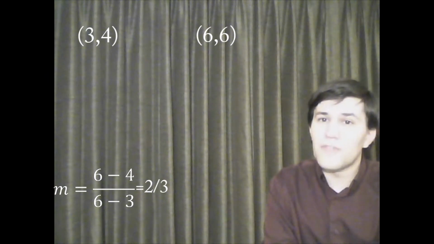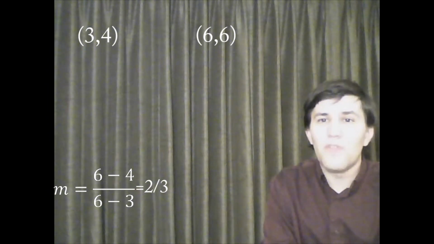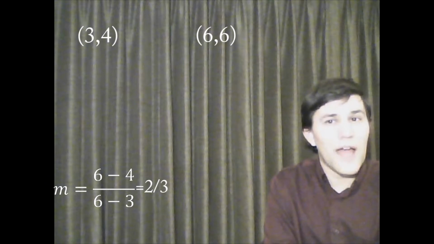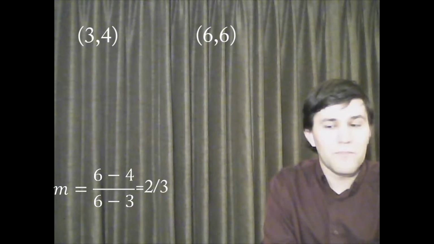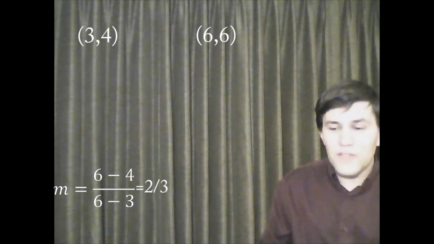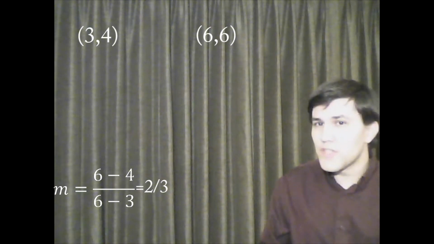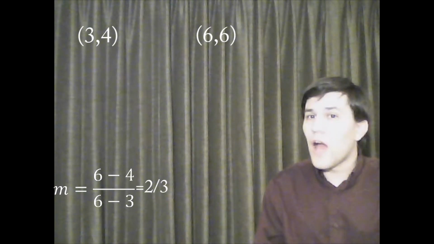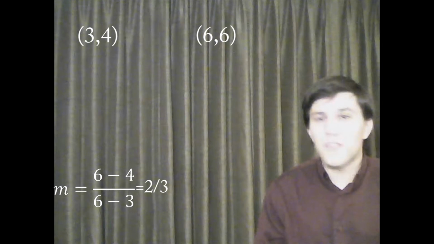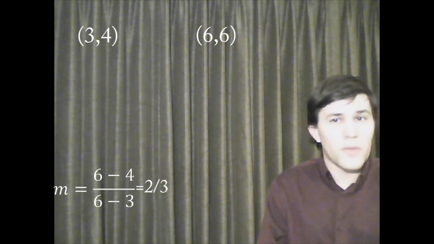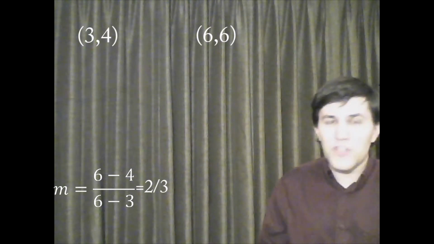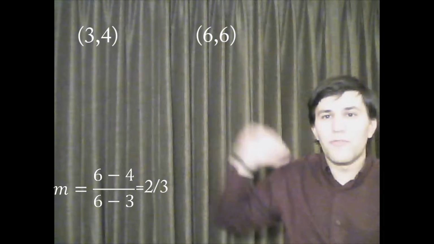So what we're going to have to do instead is substitute in values for x and y and find our b algebraically. So let's do that. And we can choose either of these points. I'm going to show both just to show that this method works no matter which point you choose. I'm going to start with the point 3, 4.